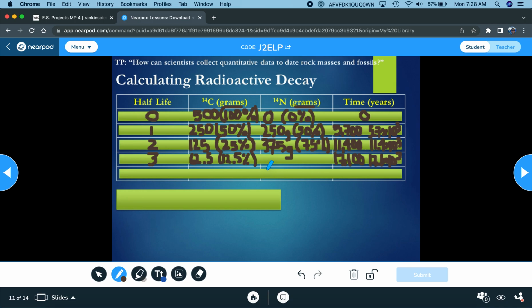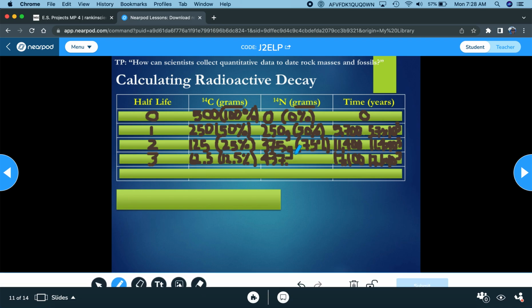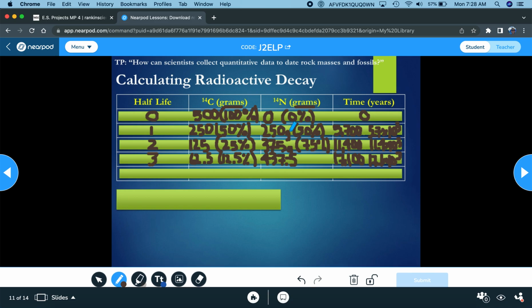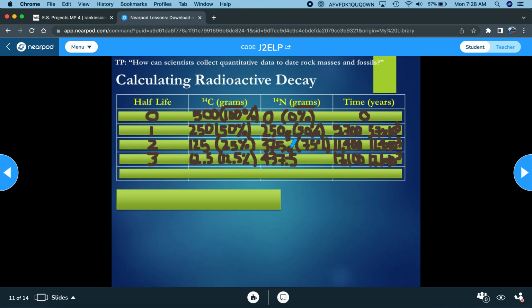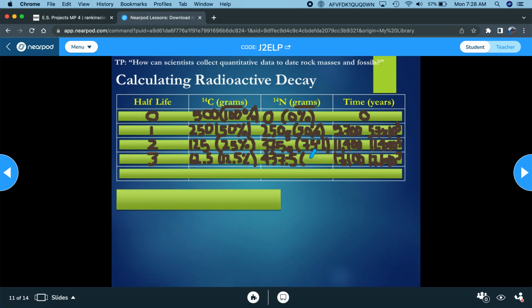Now the original sample was 500 grams, so what has decayed into the stable product would be 437.5. We don't need grams there, sorry. And that's going to be roughly 87.5%.